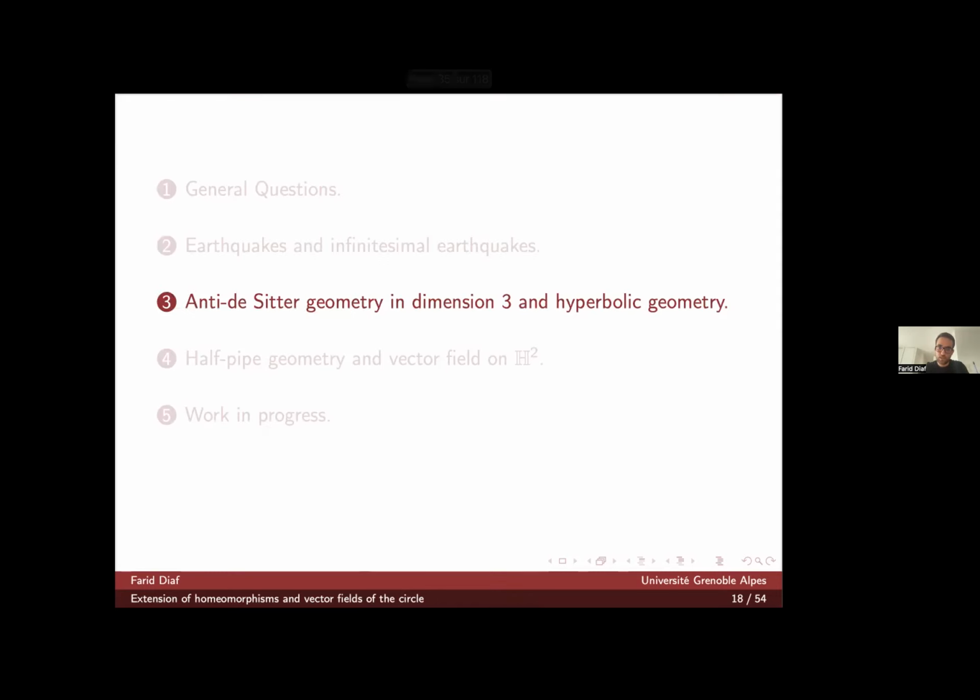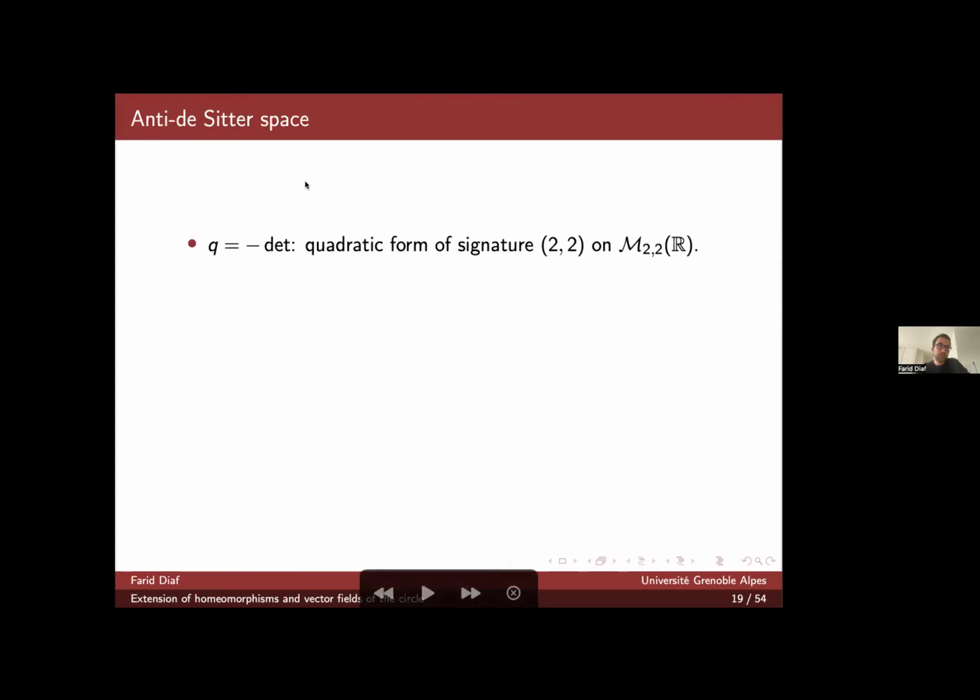Let me now talk about the anti-de Sitter geometry. I take Q, which is minus determinant. So determinant is a multilinear form, but if you restrict to the space of 2 by 2 matrices, this is a quadratic form of signature 2,2.